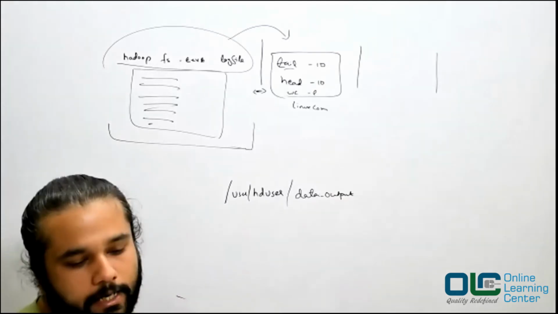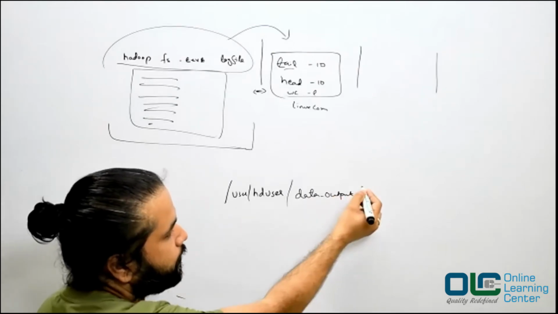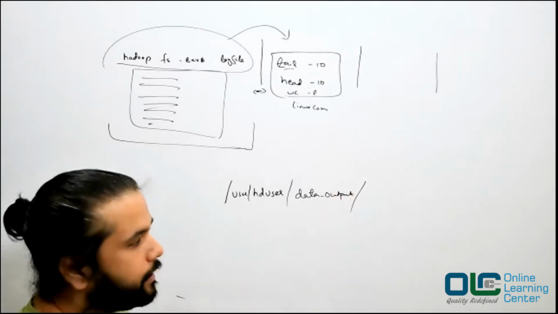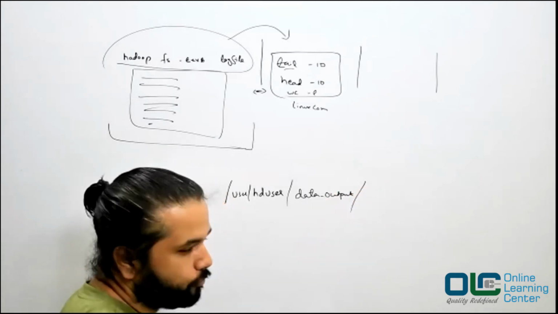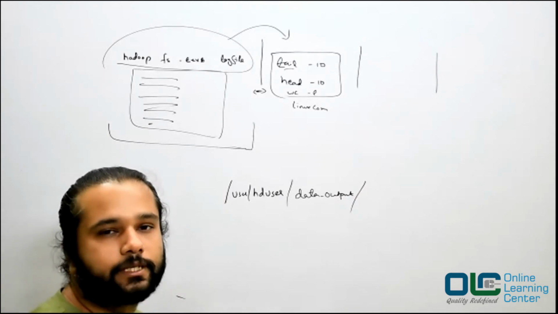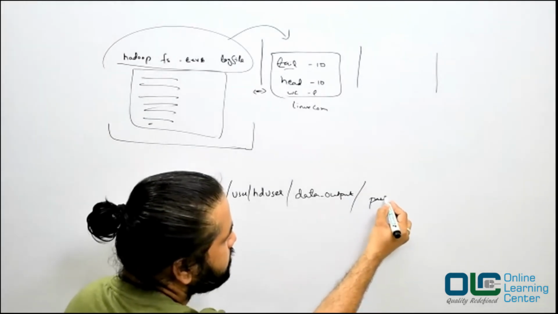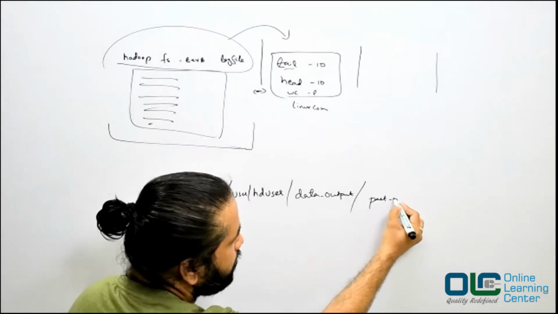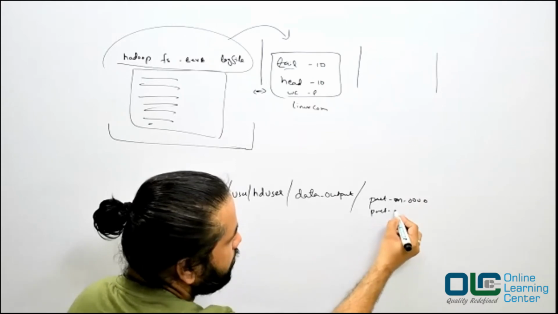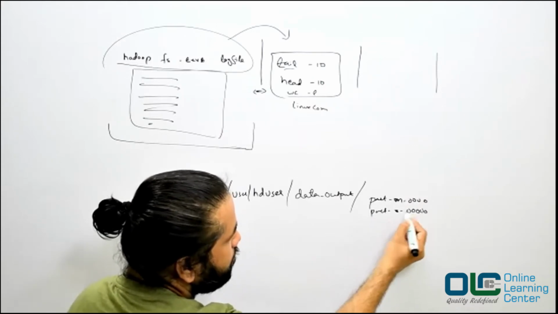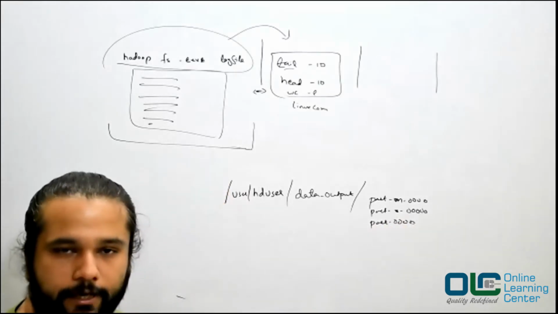Say this is a path where you have written some program which can update data into this path, right? And here you have a lot of results. When you run a Spark job or a MapReduce job, it writes a lot of part files, like part-m-0000 or part-r-0000 or part-0000.